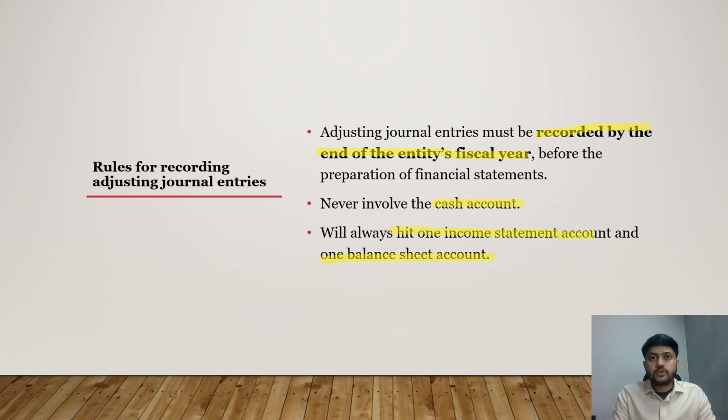As I've told you, for unearned revenue, what was the adjusting journal entry? Cancelling out unearned revenue and then booking revenue whenever it is earned. In that case, unearned revenue was a balance sheet account and revenue was an income statement account. So an adjusting journal entry would never involve cash, and it will always involve one income statement account and one balance sheet account.